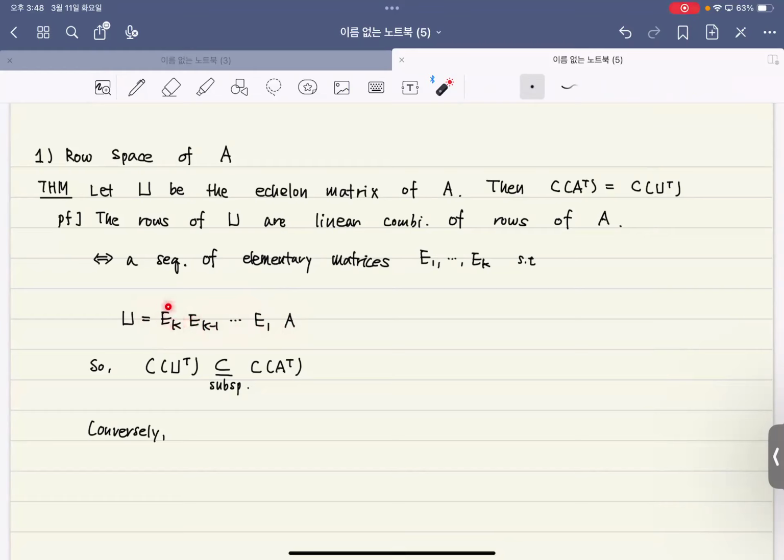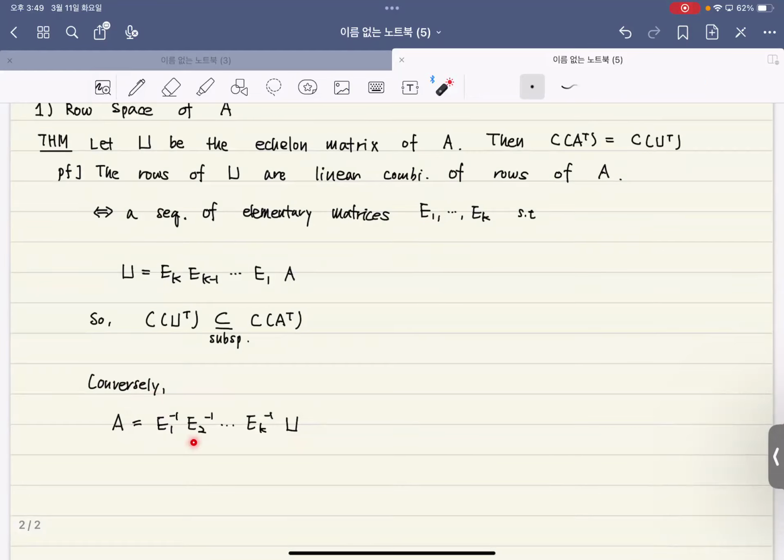Therefore, the inverse of each of these elementary matrices must be another elementary matrix. So A can be written as E1 inverse, E2 inverse, up to EK inverse, all times U.